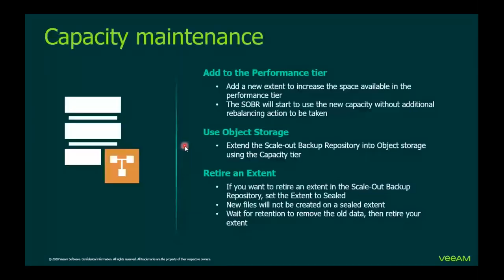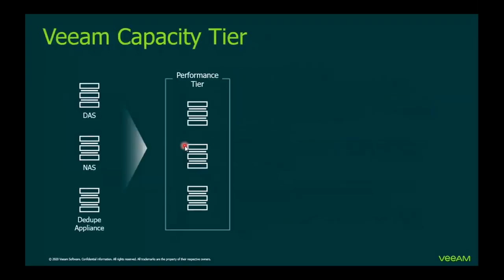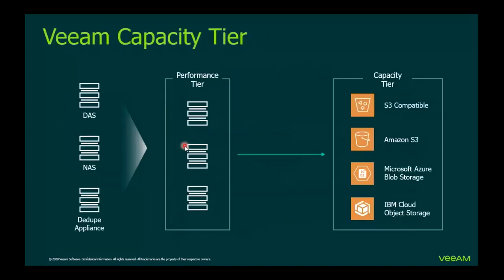As for capacity maintenance, it's very easy for you to add a performance or a capacity tier onto your existing scale out backup repository. It can be added or extended at any point of time, depending on your requirement. This is how your capacity tier looks like.